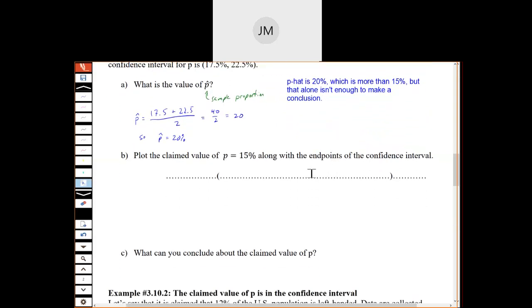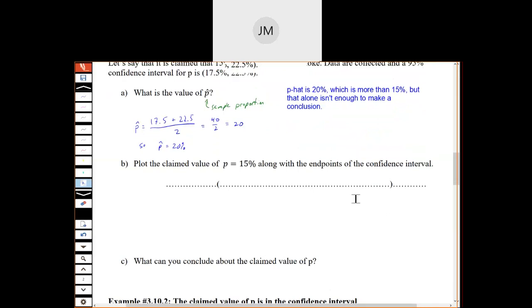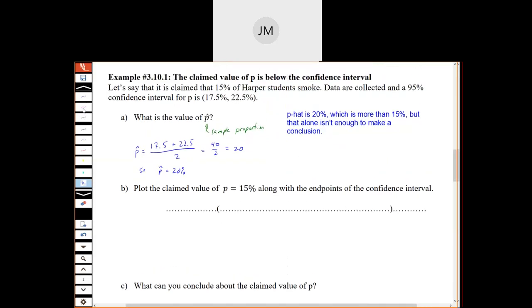So now we're going to look at the confidence interval. I'm going to make a little line graph here with all of my information. We have this claimed value of p that's 15%, so I'm going to plot that here. Then I have my confidence interval that goes from 17.5% up to 22.5%, where p hat is in the middle.